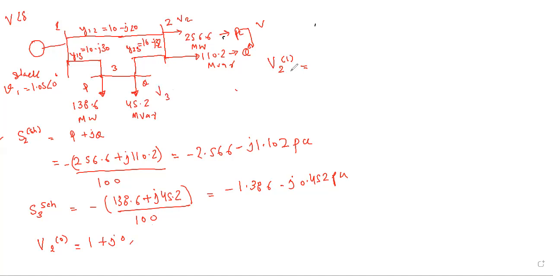So how do we calculate in the same way? For V2 we write the formula P2 scheduled minus jQ2 scheduled, the formula I had shown in the beginning, divided by V2 conjugate. You remember?